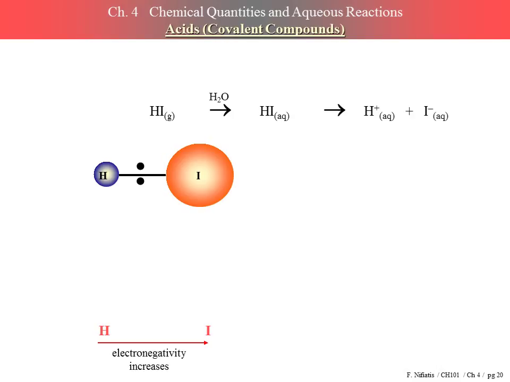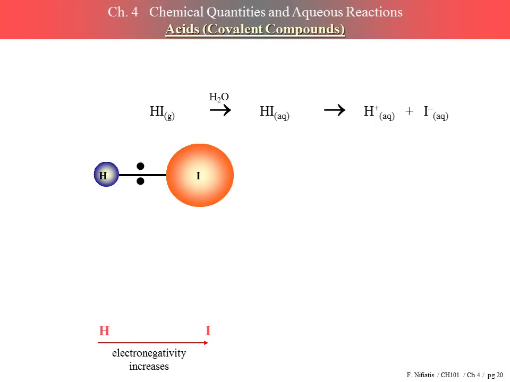Now, this is a new concept that I have mentioned before, but I never explained. Electronegativity. Electronegativity is something that we are going to see in chapter 9, and I will try to give you a rough idea here. Iodine is more electronegative than hydrogen.